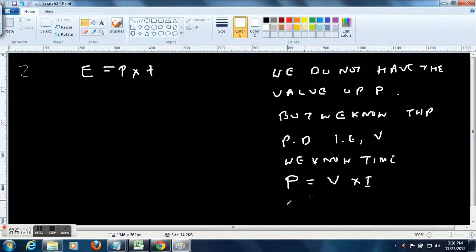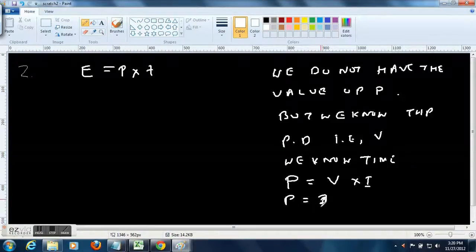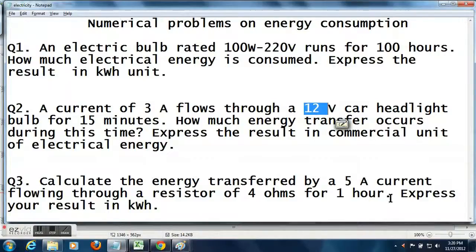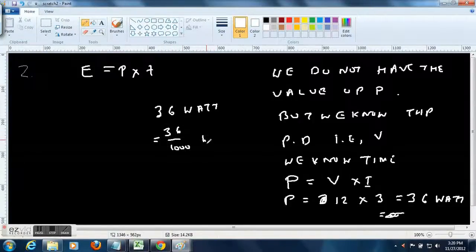Therefore P equal to 12 multiplied by current flow, which is 3 ampere. So that means we have the electrical power, that is 36 watt. See, when we have the potential difference and when we have the current flow, still we can get the power, because there are multiple formulas for calculating the power consumption, electrical power.